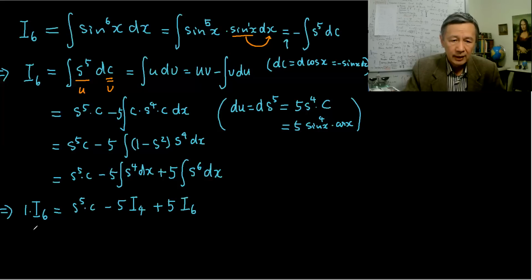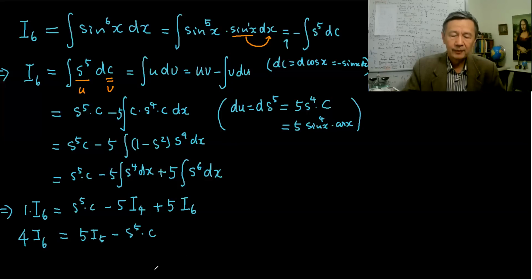So this I6 will equal 4I6 will equal to this side. I put this on the other side, so that becomes 5I4 minus, take away, S5 times C. So what is I6?